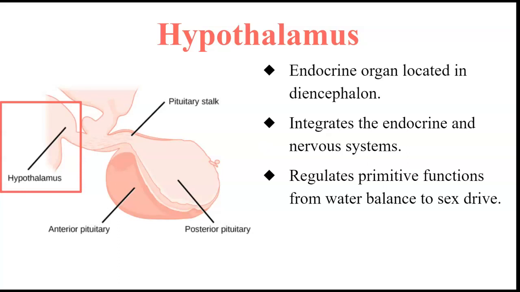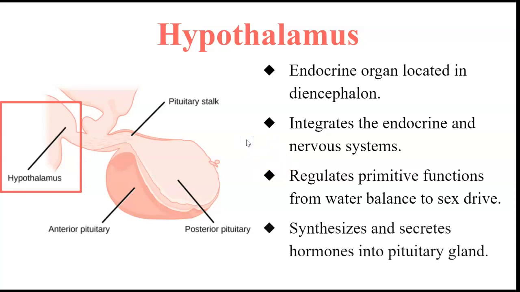Those primitive functions, like making sure that we maintain our water and sodium balance, making sure that we're eating, we're able to grow, and also our sex drive, right? To have that sex drive so we can reproduce, have offspring or children, right? Because we're humans, right? And so the hypothalamus is really just the core of who we are as primitive human beings.